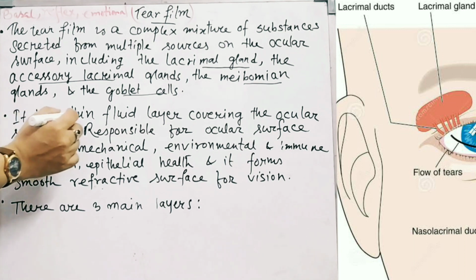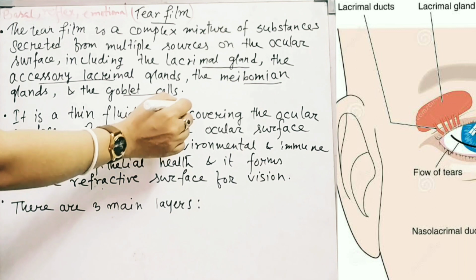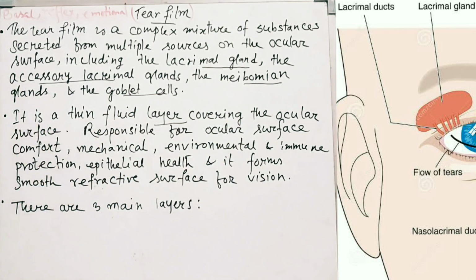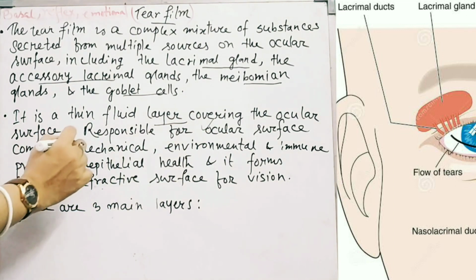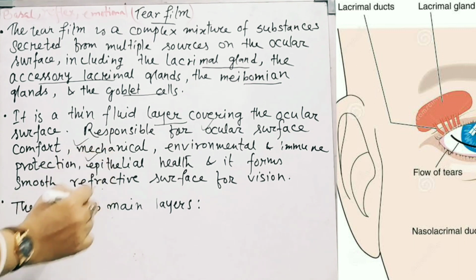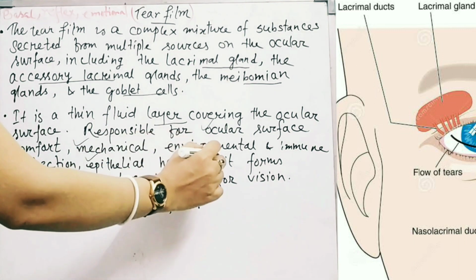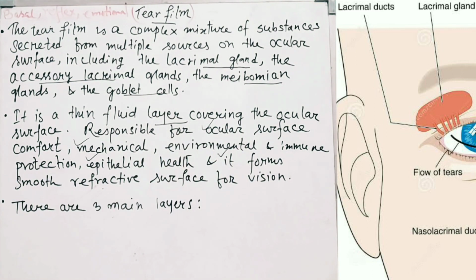The tear film is a thin fluid layer covering the ocular surface, and it is responsible for ocular surface comfort, mechanical, environmental and immune protection, epithelial health, and it forms a smooth refractive surface for vision. So lots of beneficial functions the tear film has.